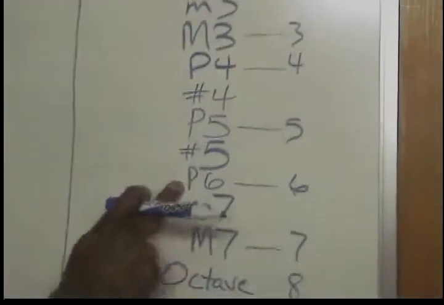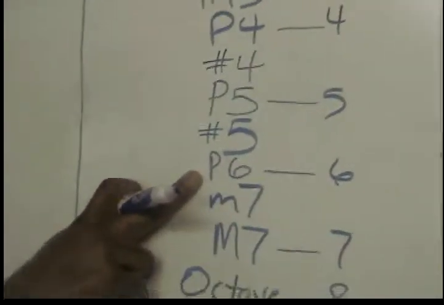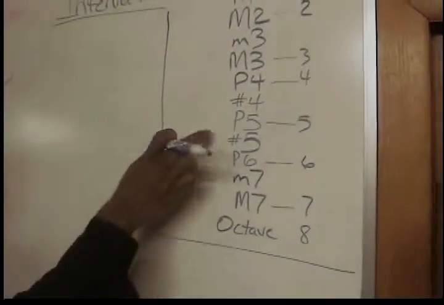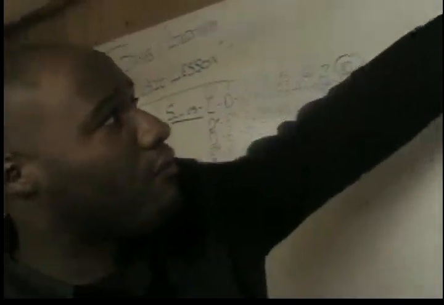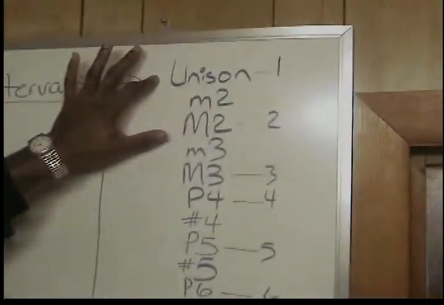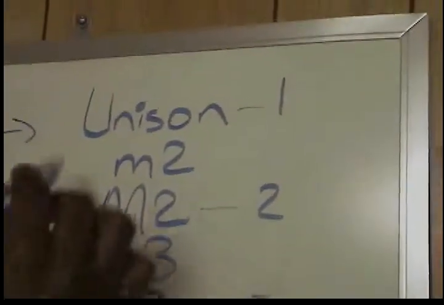Amen. So now we want to talk about intervals. Now, if P6 is not correct, that's the only one I was kind of guessing on. And maybe even sharp 4. I think it's definitely raised 5. 1 is unison, and this is in half steps.